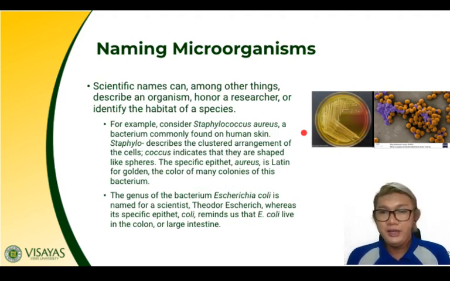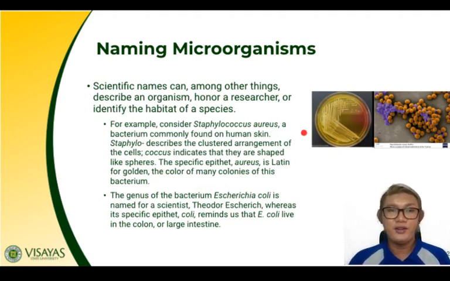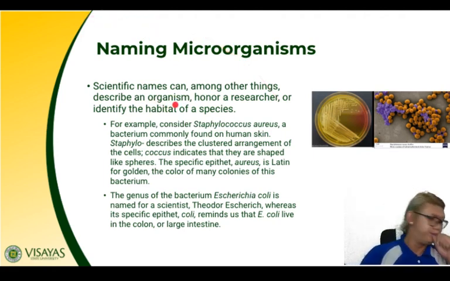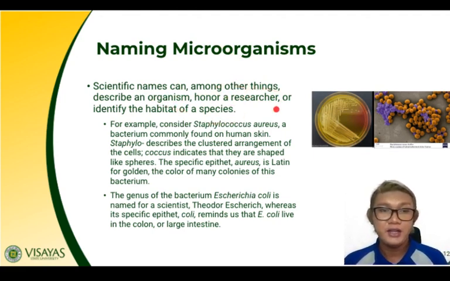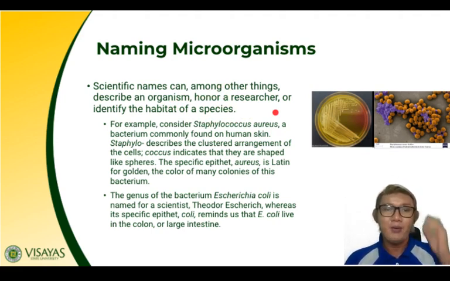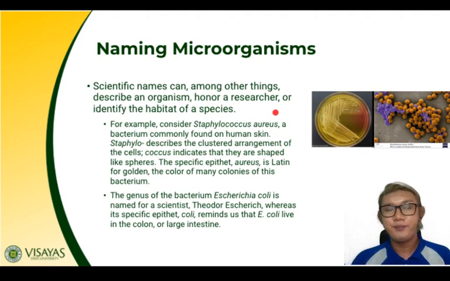Now, how do we name them? Scientific names can, among other things, describe an organism, honor a researcher, or identify the habitat of a particular species. So say for example, how is the species Staphylococcus aureus named? This Staphylococcus aureus is commonly found on human skin.